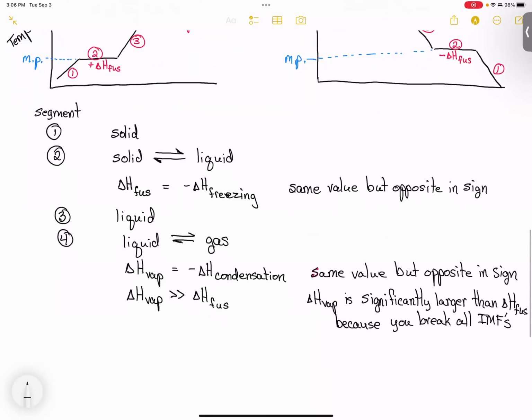And then section 5 of this is going to be the gas form. Any questions about heating and cooling curve from a conceptual standpoint?